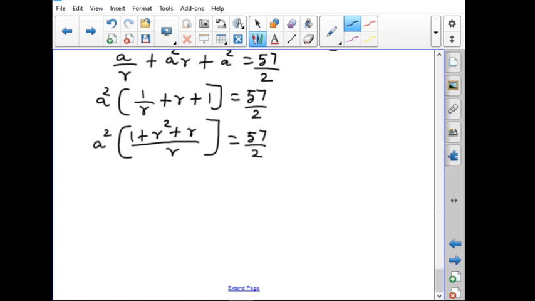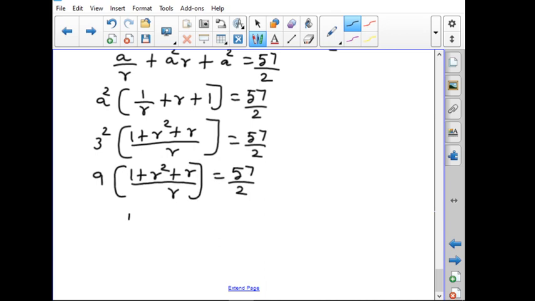Now we know the value of A: already we found A equal to 3. Substituting A equal to 3, we get 3 squared, which is 9. So 9 into 1 plus R squared plus R by R equal to 57 by 2.